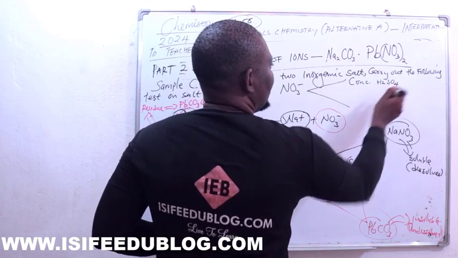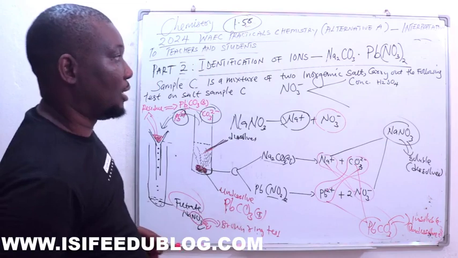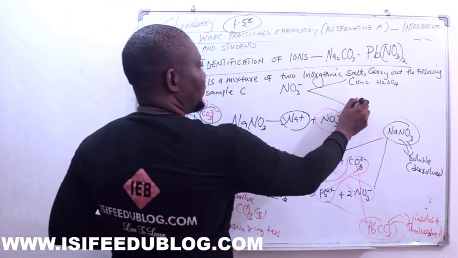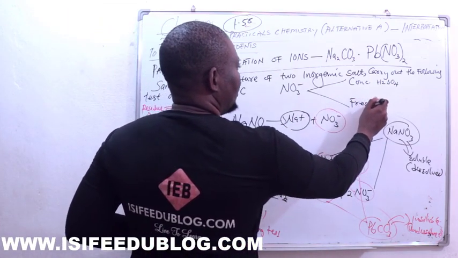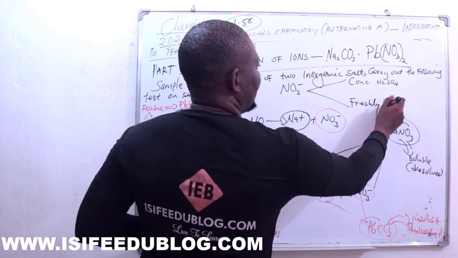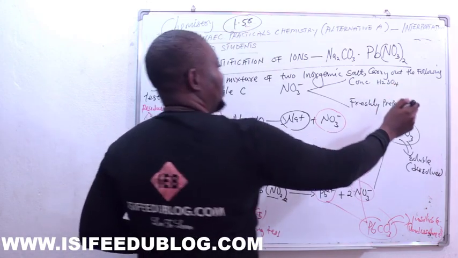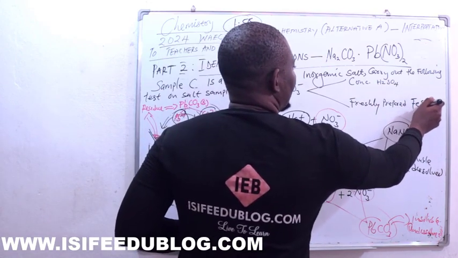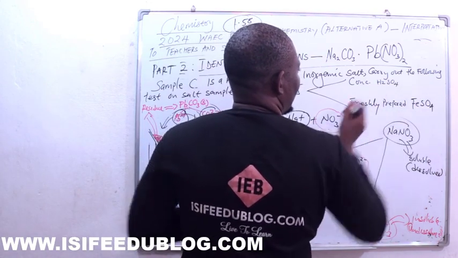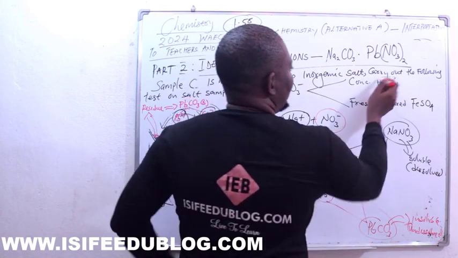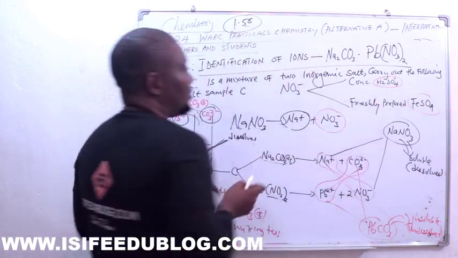H2SO4. Be very careful when you're handling it in the lab. And then freshly prepared iron(II) sulfate. So these are the two reagents for testing it.